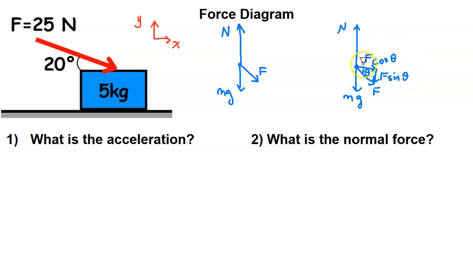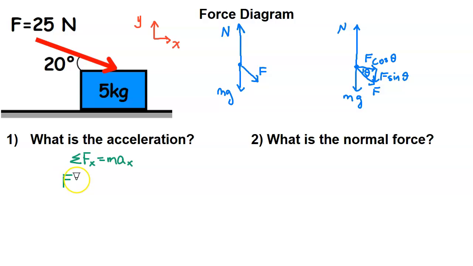Now that we have that, it's going to make it a lot easier for us to solve these problems down here. So let's take a look at the acceleration. For acceleration, we're going to use Newton's second law, F equals ma. Since we're looking in the x direction, the horizontal direction, I'm going to write subscript x here. In the x direction, we only have one force, which is F cosine theta.